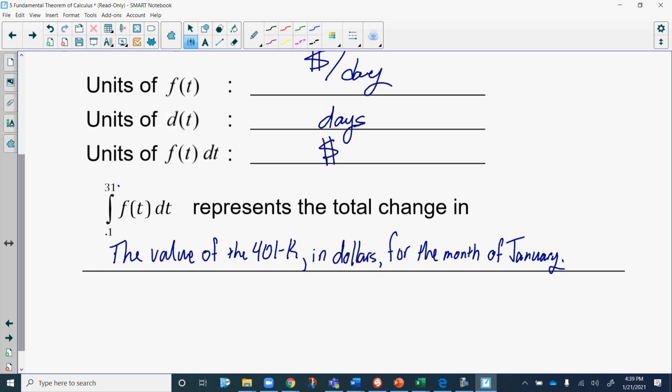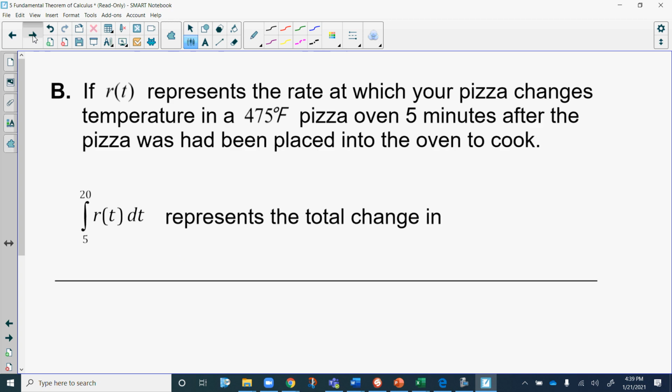So that's really all they're asking us to do is, can you interpret the meaning behind these real world type scenarios here. So go ahead and pause the video and try doing this one, and hit play when you're ready, and see if your stuff and my stuff match.